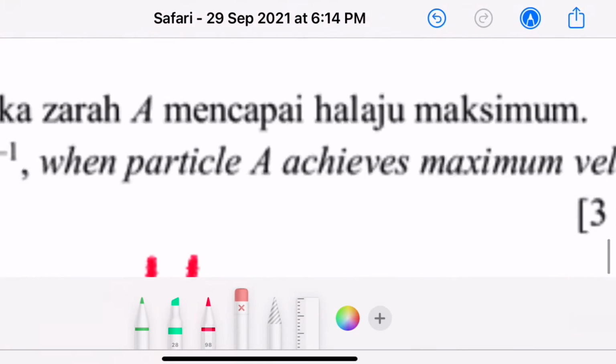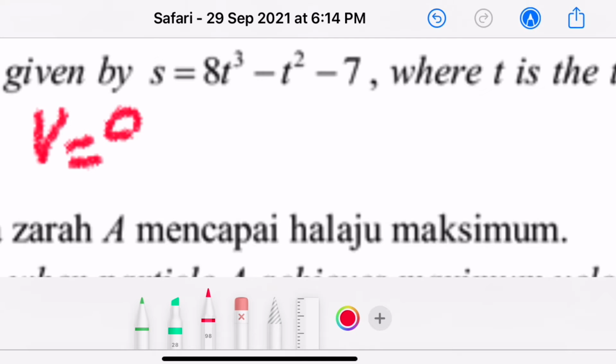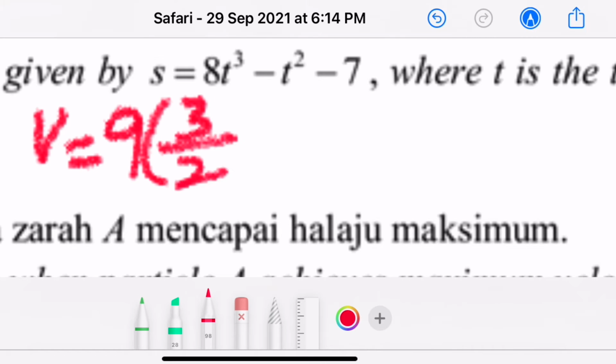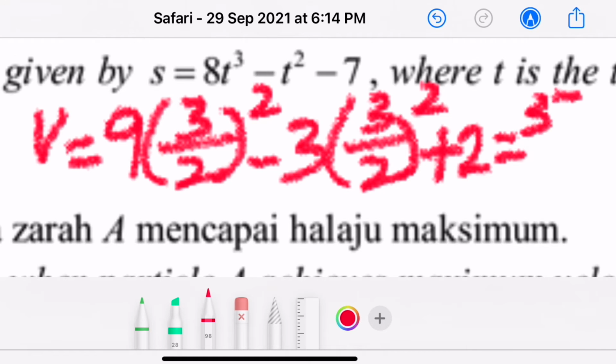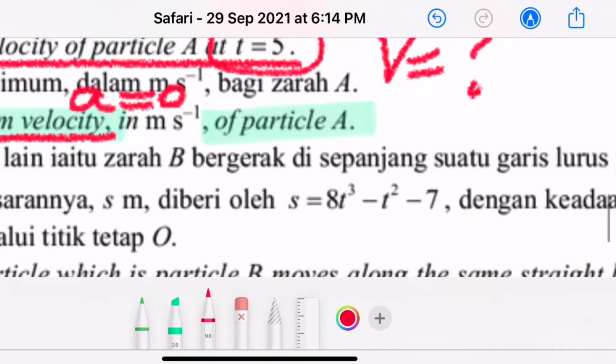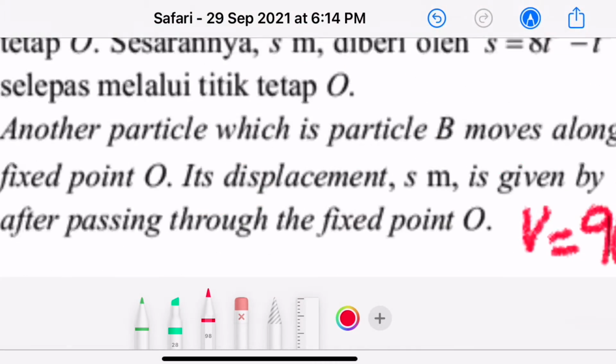Maximum velocity can be found if we substitute t, which is 3 over 2: 9 times 3/2 minus 3 times (3/2) squared plus 2. So the answer for maximum velocity is 35 over 4 meters per second. Alright, so we just let a = 0 and substitute into the velocity function.